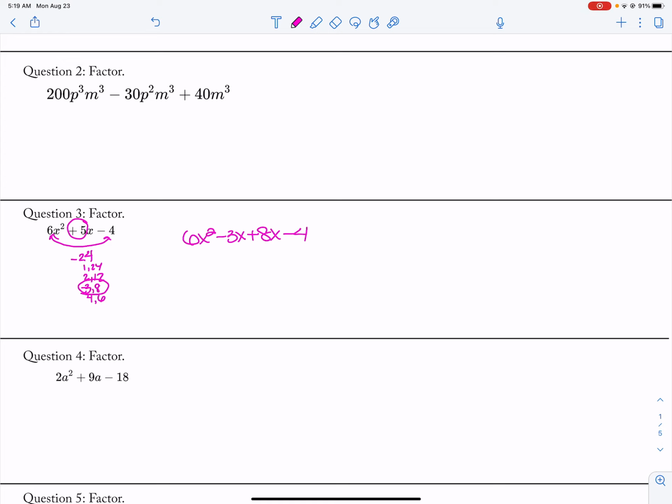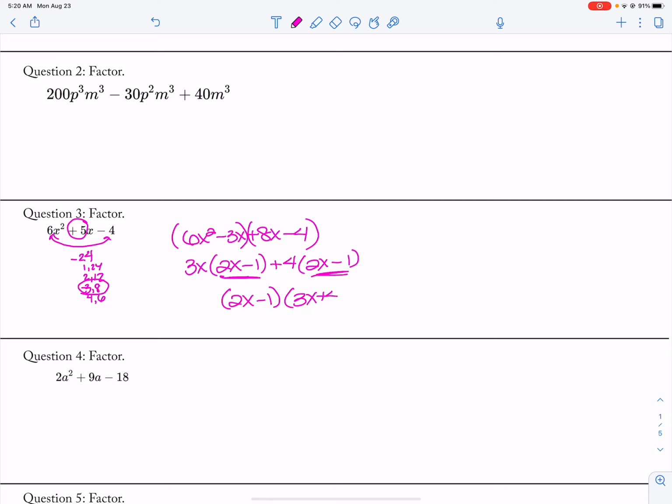And then I'm going to do factor by grouping. So I have a common 3x in there, and I'm left with a 2x minus 1. I have a common 4 in there, and I'm left with a 2x minus 1. Then I can factor by grouping one more time, pull a 2x minus 1 out, and I am left with a 3x plus 4.